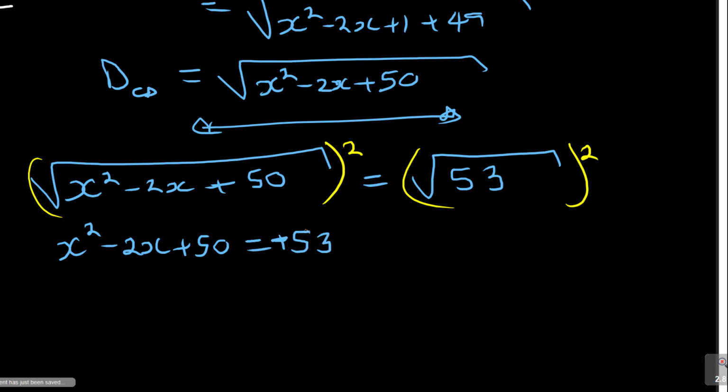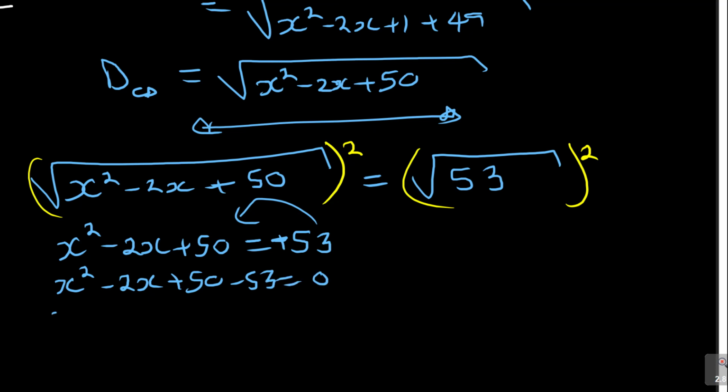What is 53? It is positive. It must join the other 50 on the left, which is x squared minus 2x. Now 50 minus 53 is minus 3. Then you get 0 on the right. So you continue to have x squared minus 2x minus 3 equal to 0.